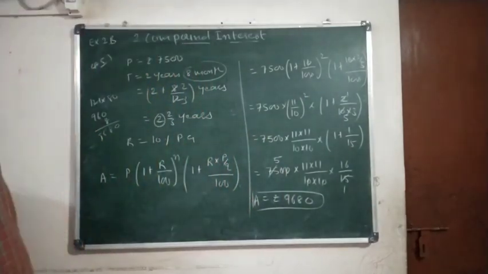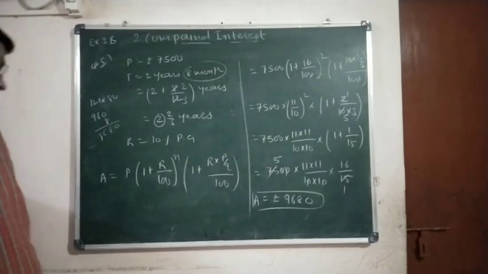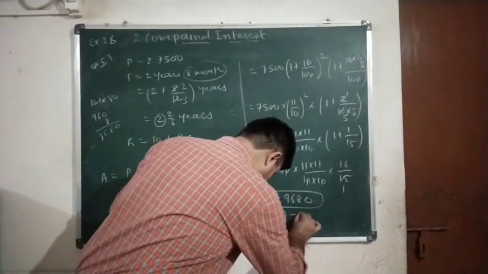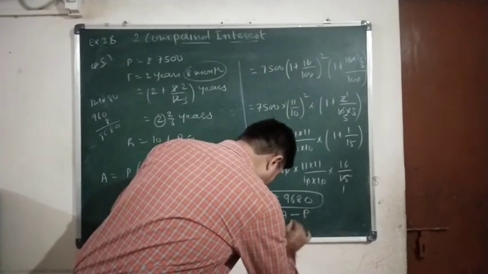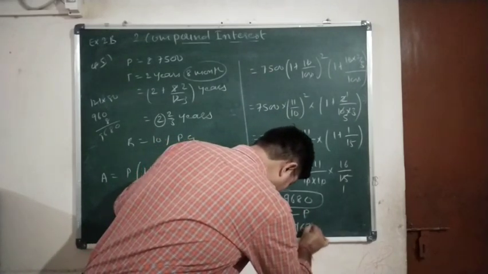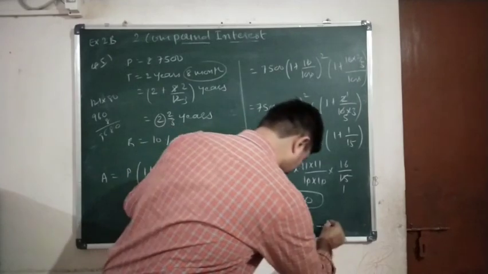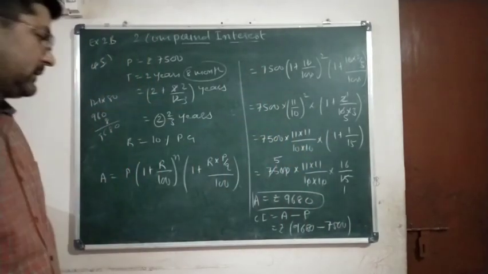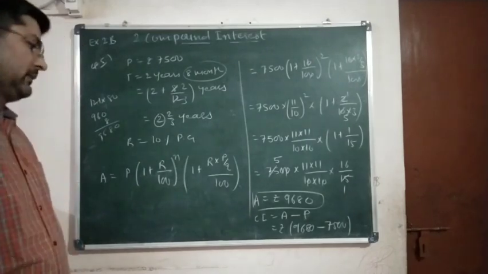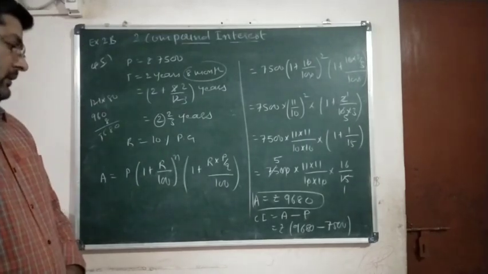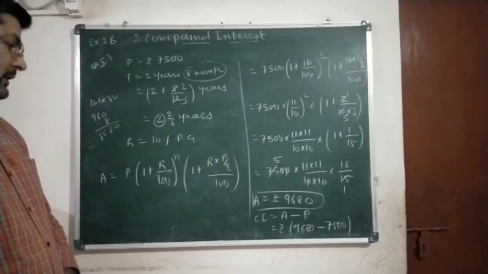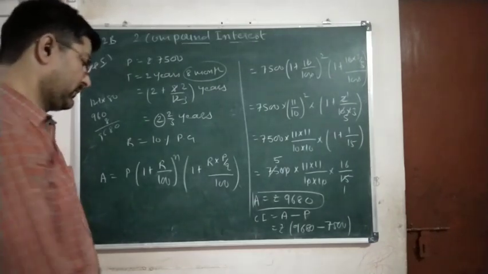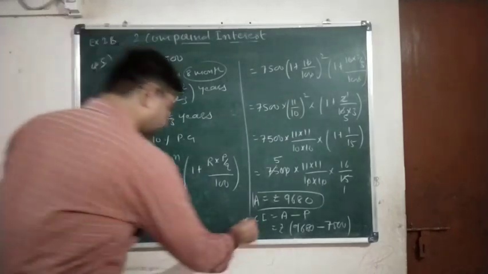And we have to find the CI in this case. Yes. So let us find out the CI. CI is equal to A minus P. That is rupees 9680 minus 7500, which is 2180.